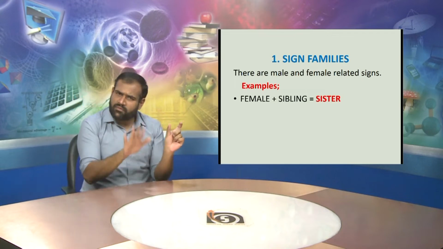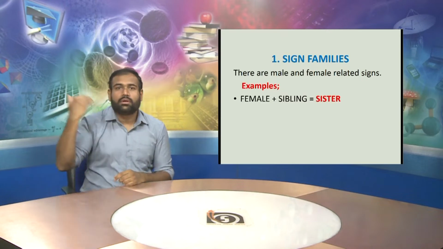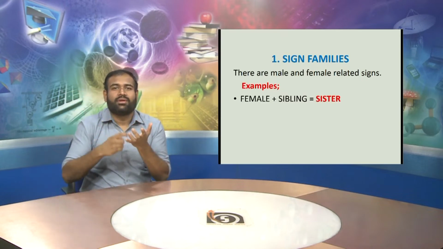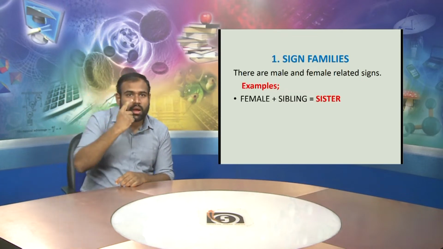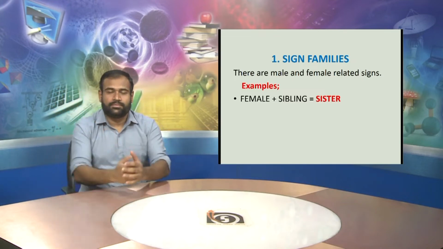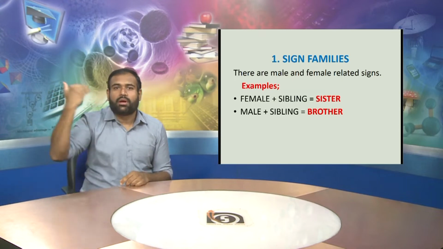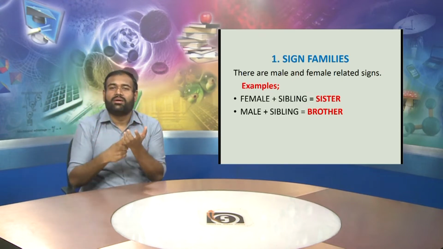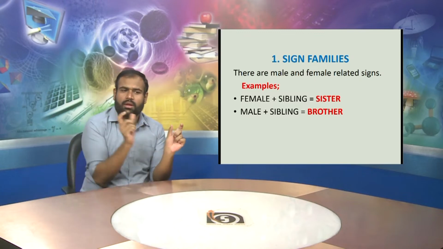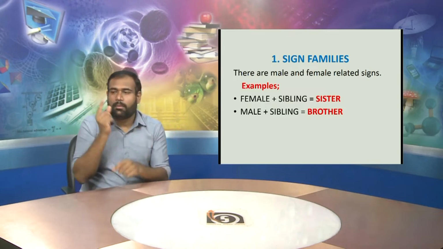So for sister, we have used these two signs together, and see, a new sign is created. Similarly, male plus sibling means brother. So see, a new sign brother is created here.